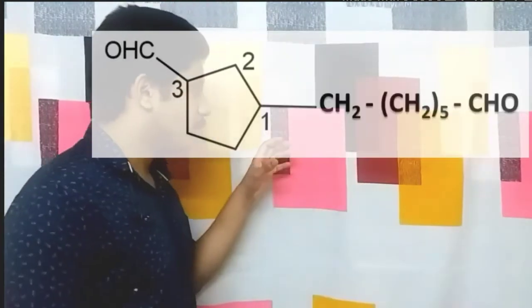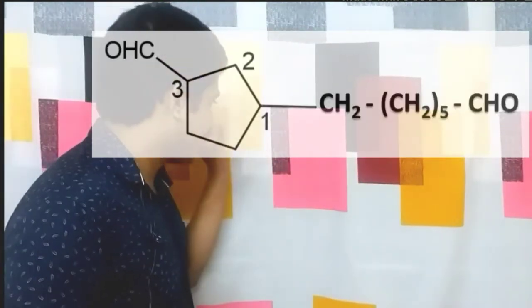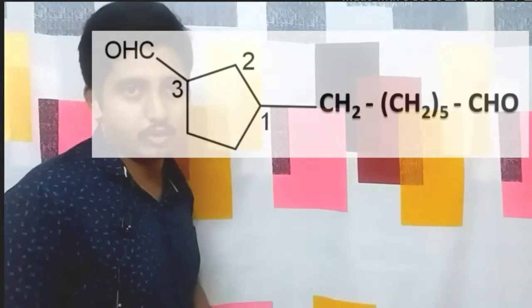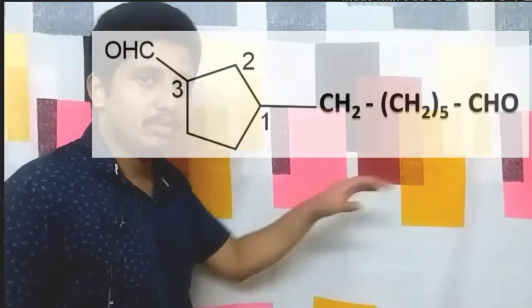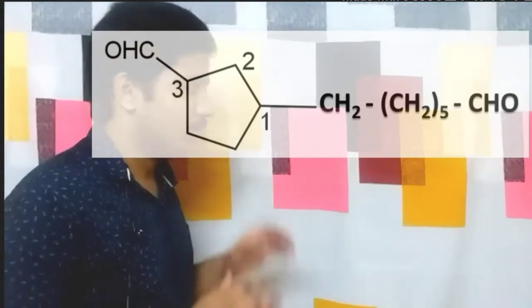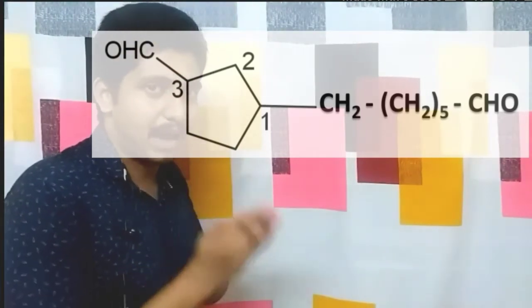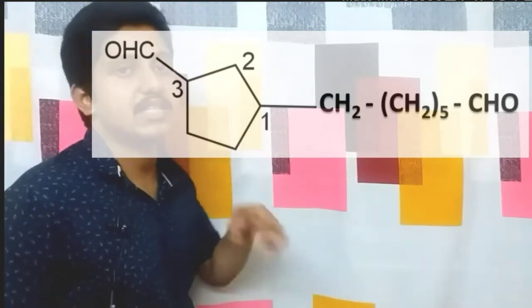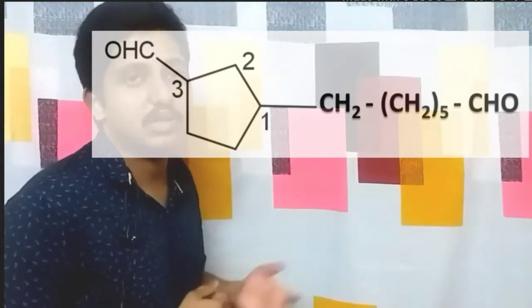So let's make it clear by using an example. Here we have a cyclopentane, a CHO group attached to it, and another aliphatic chain containing another CHO group in it. So both functional groups are same. So we have to choose the parent chain in such a manner that the chain or ring contains more number of carbon atoms.